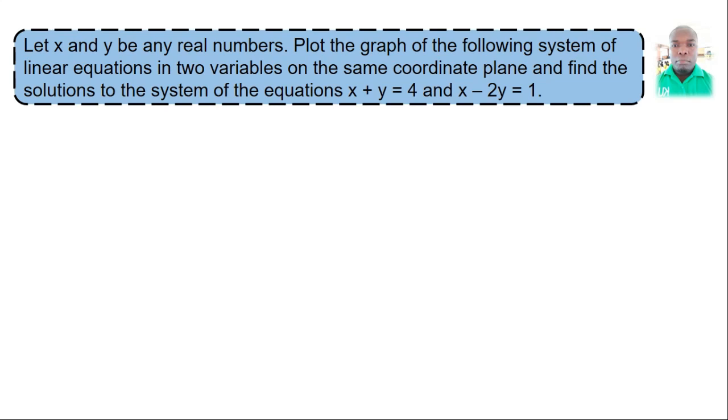We have two equations, x plus y equals 4 and x minus 2y equals 1. Now, let's name equation 1 to be x plus y equals 4. And let's use the intercepts to quickly plot the graphs.